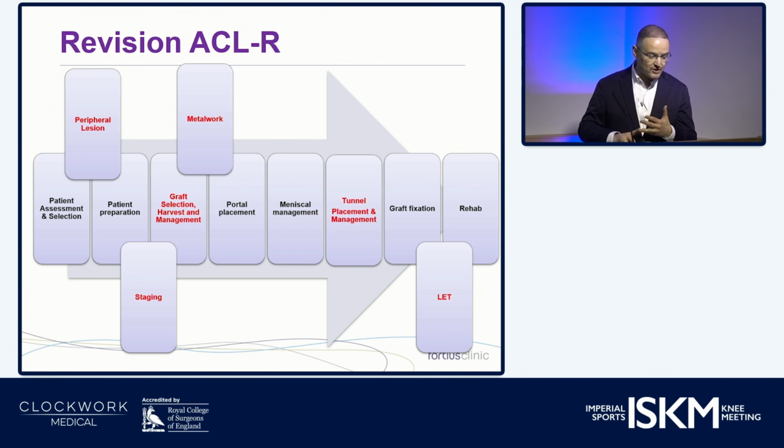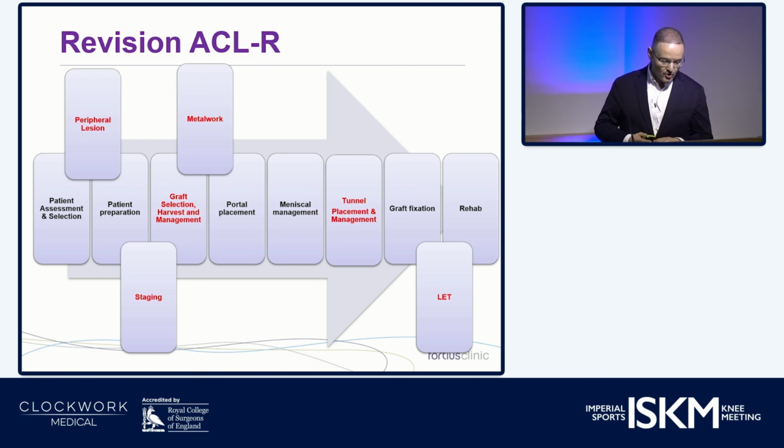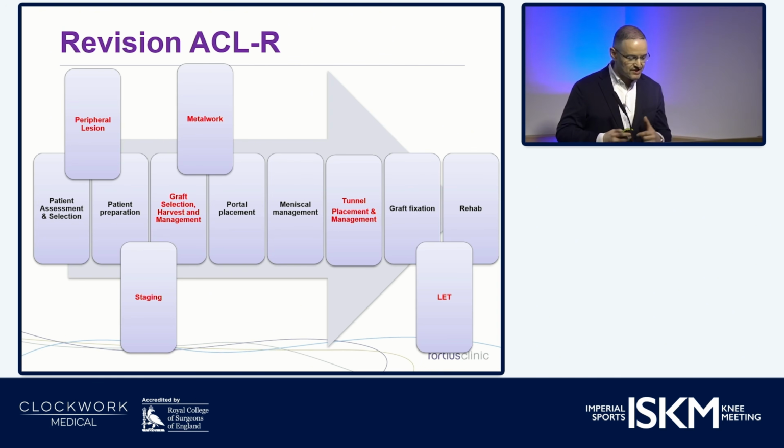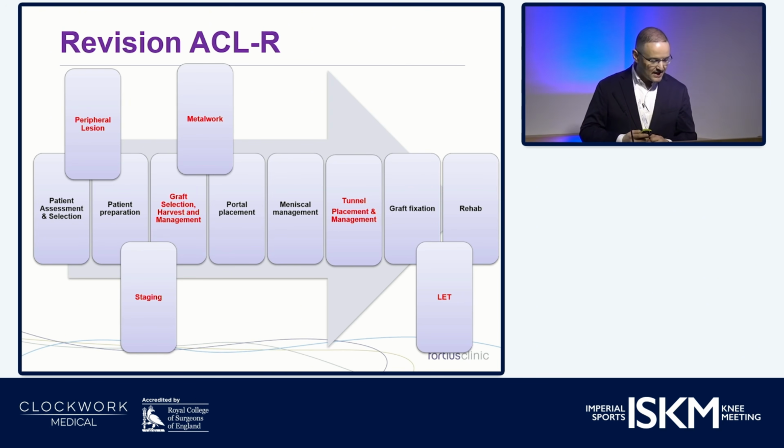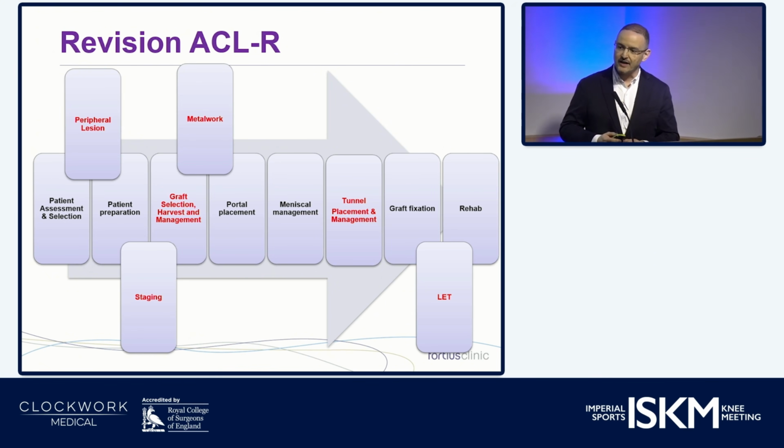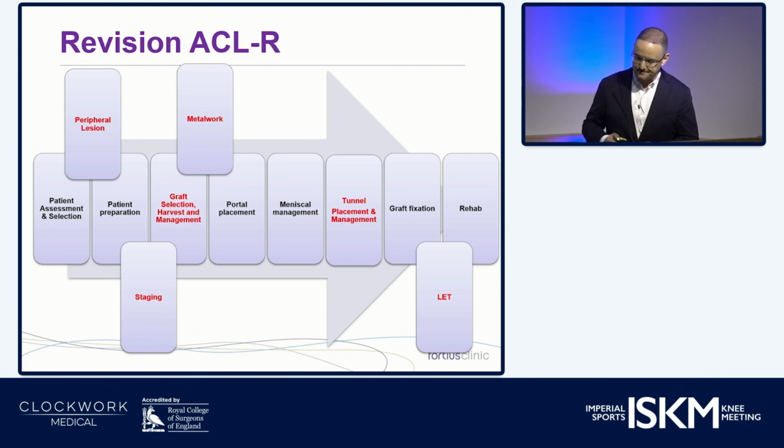We have to be able to manage complex metalware. We have to be comfortable with staging when it's indicated, and we have to integrate LET into our practice. Also, some of the existing skills for ACL primary take on a special significance, such as tunnel placement and tunnel management, as well as graft selection and graft management and optimization.